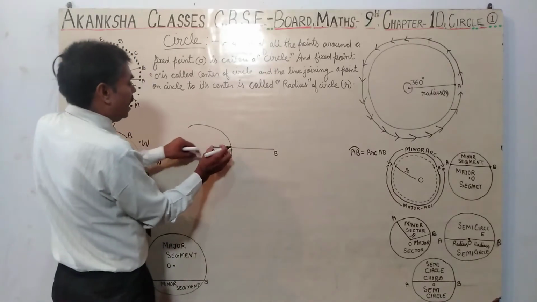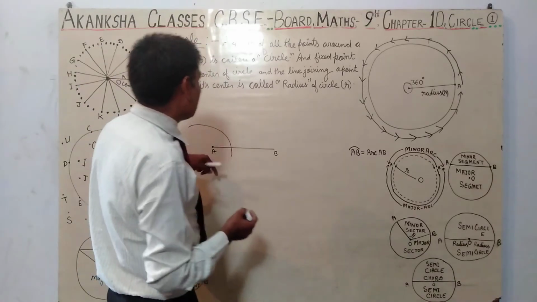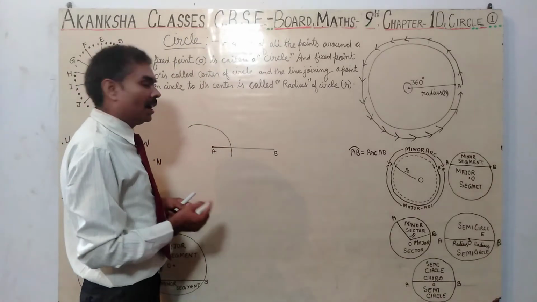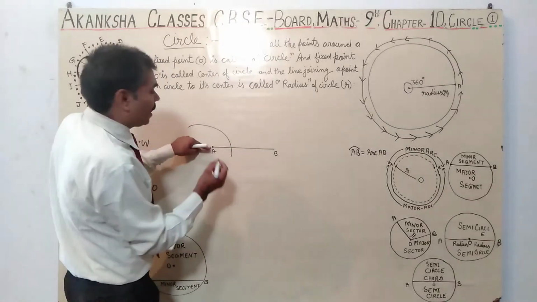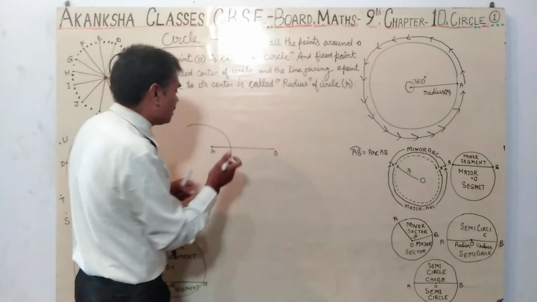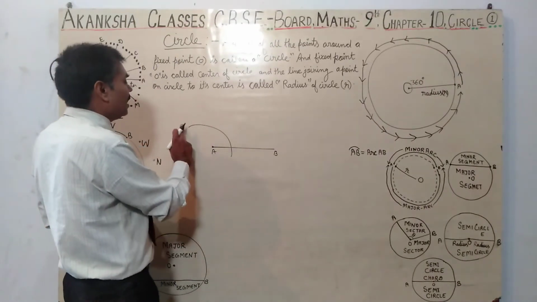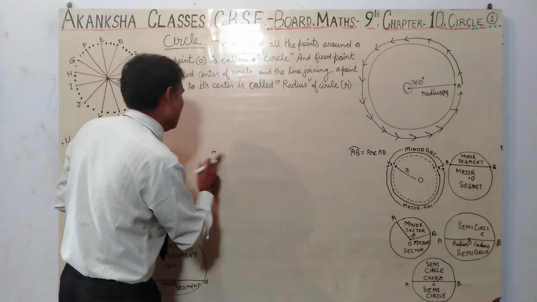This means arc. Now we will define the circle in terms of arc. Where we keep the pointed part of a compass is called the center, and the distance taken in the compass is called the radius, and this is called an arc.